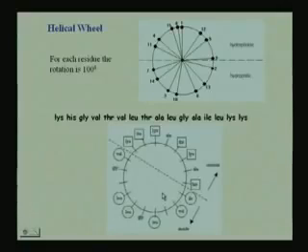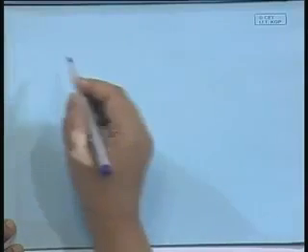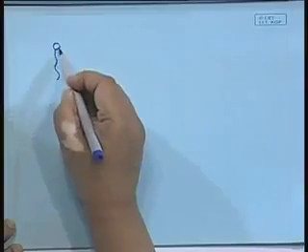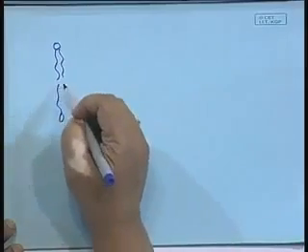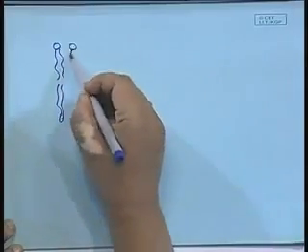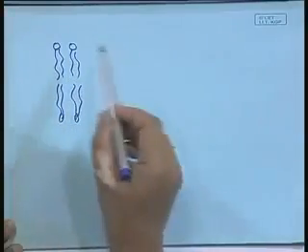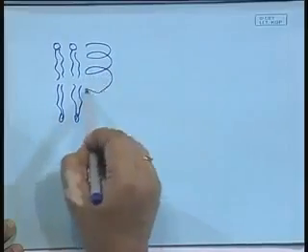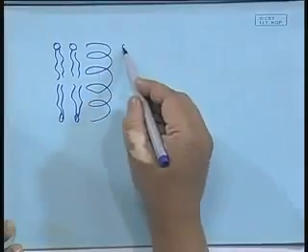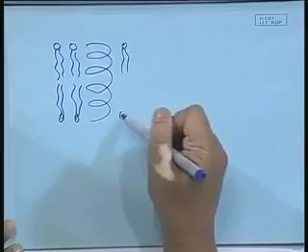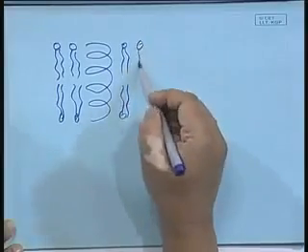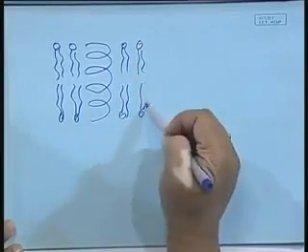Now, if we were to look at a helical wheel for, say, a membrane protein, what do we have in a membrane? We have something like this. Okay? If I have a helix here, what should I get when I construct a helical wheel?